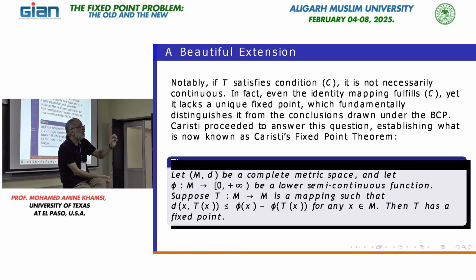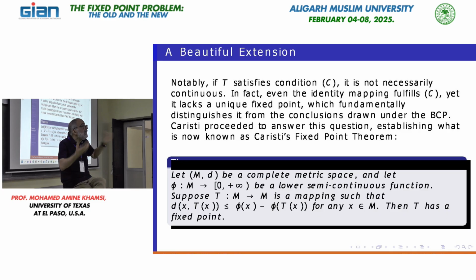And this connects what? Let me just tell you, without going into details. I didn't put it here, by the way. This condition connects x with Tx. Why does it fail continuity? Because it doesn't tell you what's going on between x and y. Continuity means x close to y, T of x close to T of y. But here, you only have a relation between x and Tx.